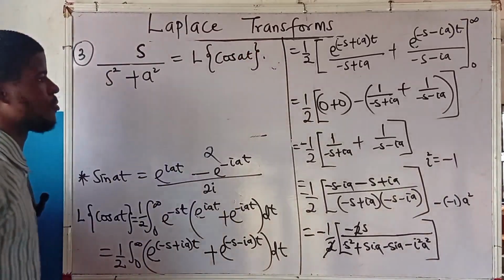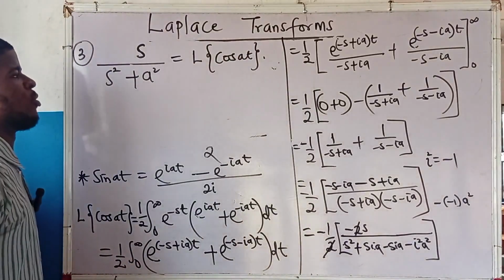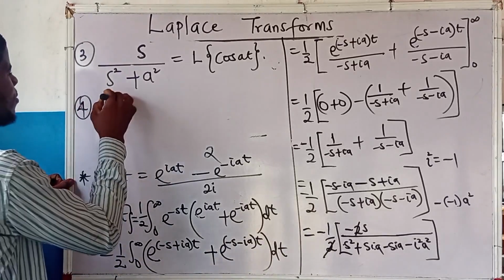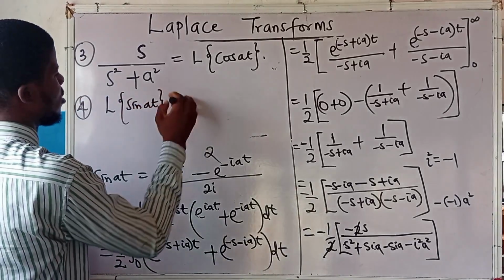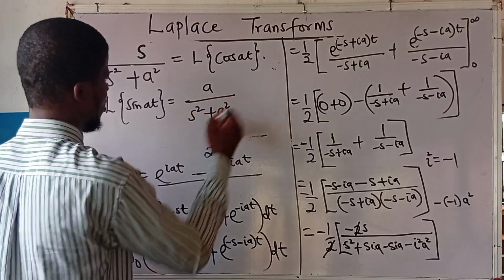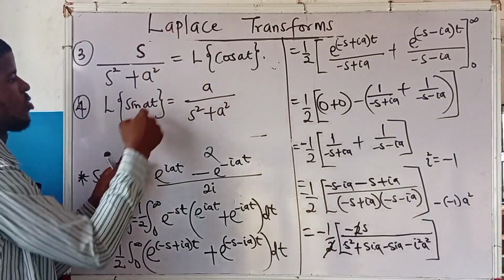We've gotten another one. Remember the first two we got before. So for sine, take note, the Laplace transform of sine at is a over s squared plus a squared. This one is for cos, this one is for sine.